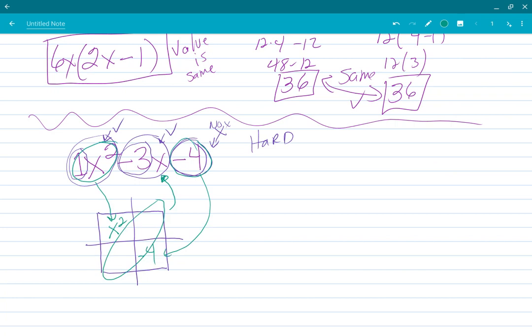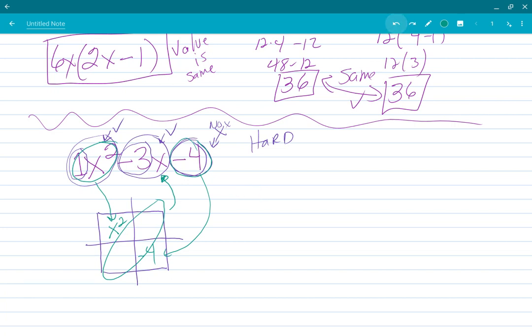Make sense? So what we want to think about is what two numbers multiply to -4. Let me put the word multiply.